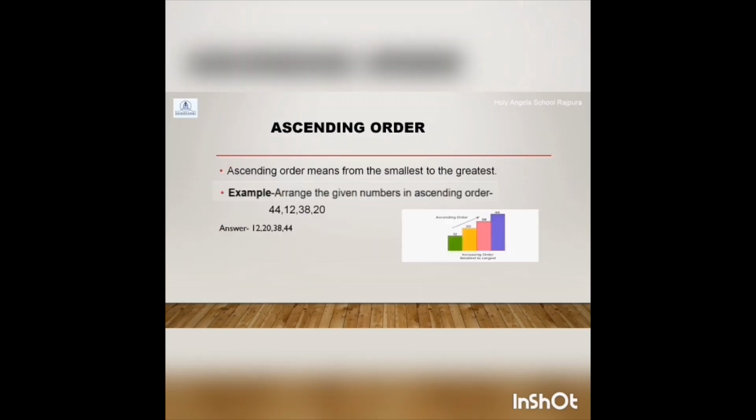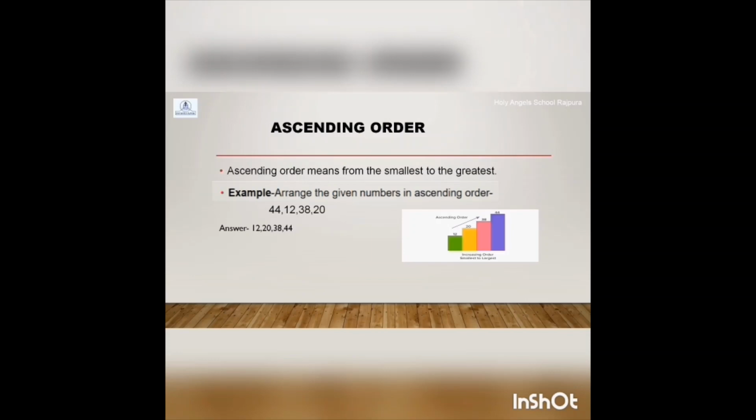Ascending order. Children, we have given here a few numbers and we have to arrange the given numbers in ascending order. While arranging in ascending order, first of all, we will find the smallest number. Now, in this question, 12 is the smallest number. So we will put a tick on 12 and write 12 in the first place.